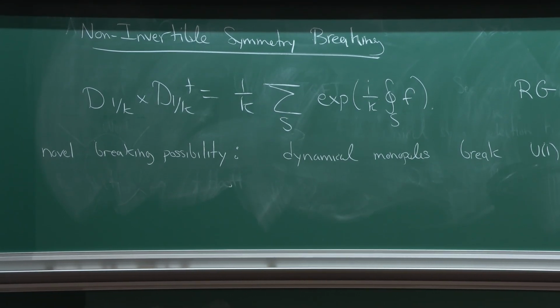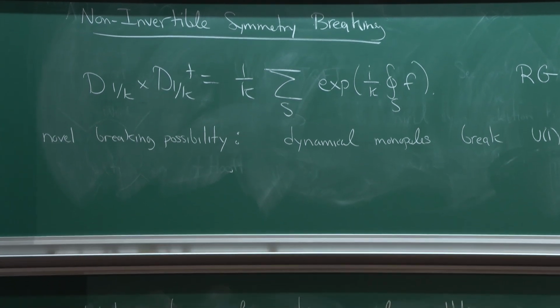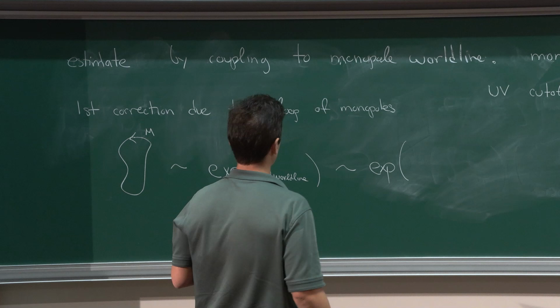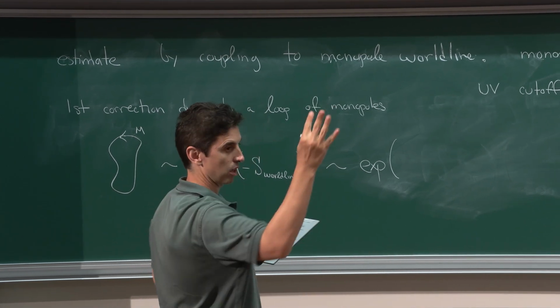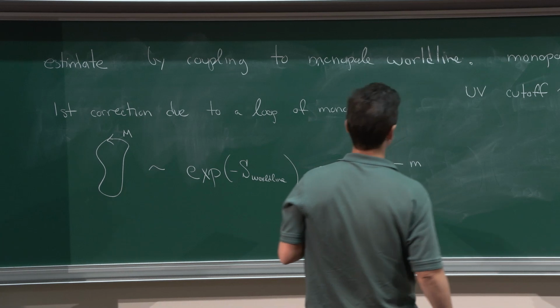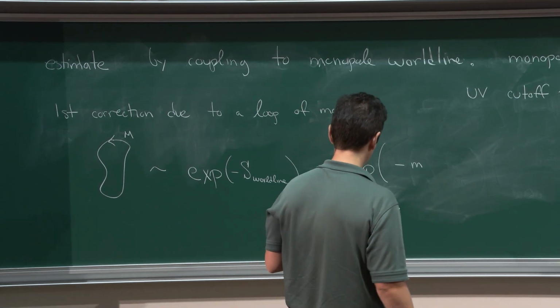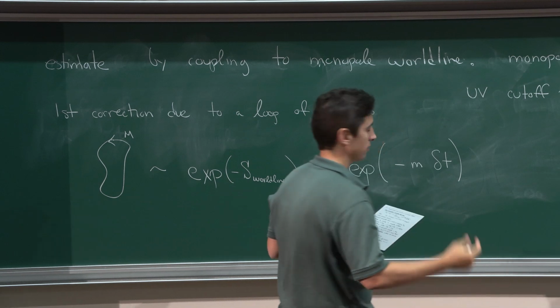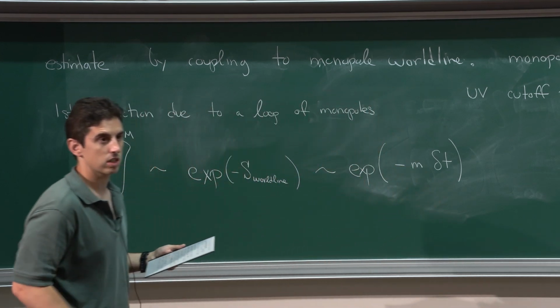I'm just going to estimate this in a non-relativistic way. We're thinking of the monopole as very massive. So we have the mass of the monopole, the rest energy, and then for a small loop, the shortest time it can go.